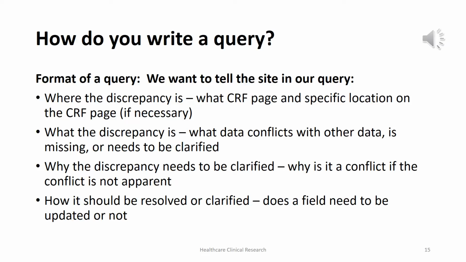We also need to let them know what the discrepancy is: what data conflicts with other data, is missing, or needs to be clarified. And then third, why the discrepancy needs to be clarified. Why is it a conflict, if the conflict is not apparent? And sometimes it may not be.